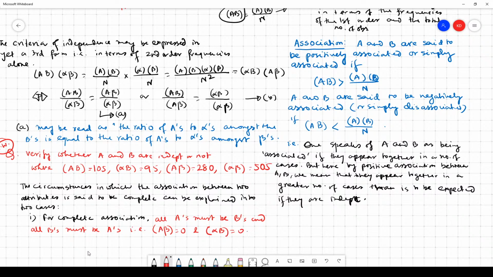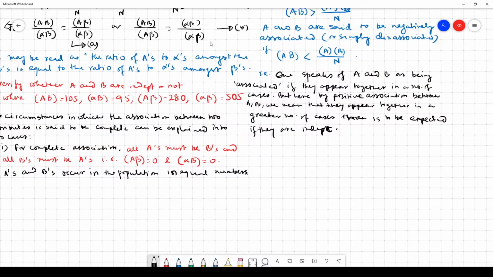Therefore, we see that A's and B's occur in the population in equal numbers.